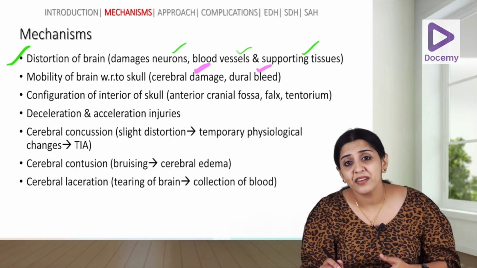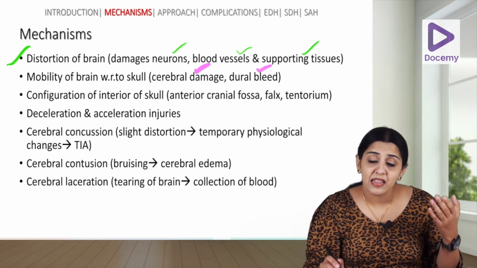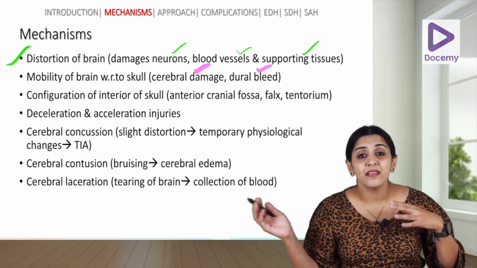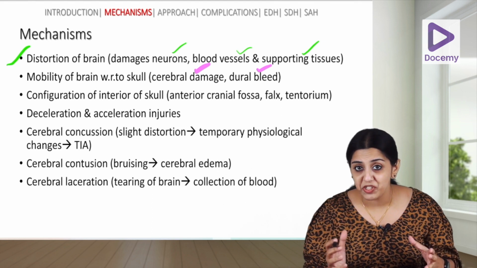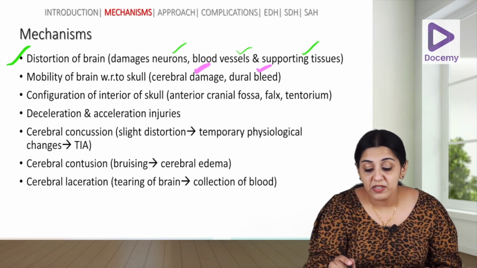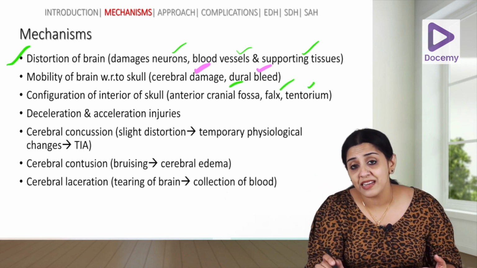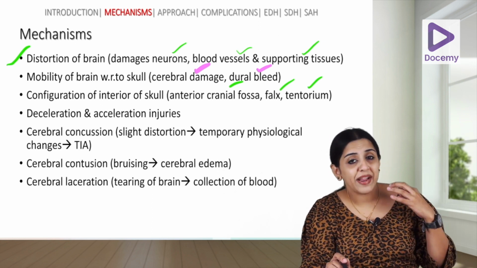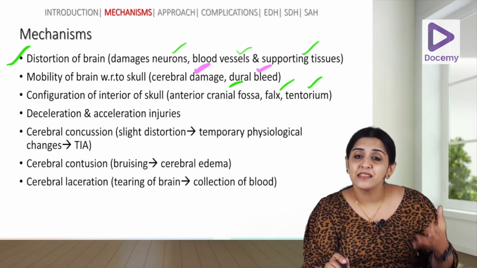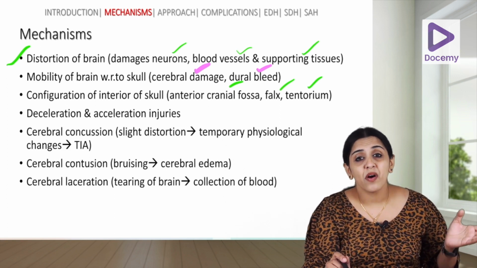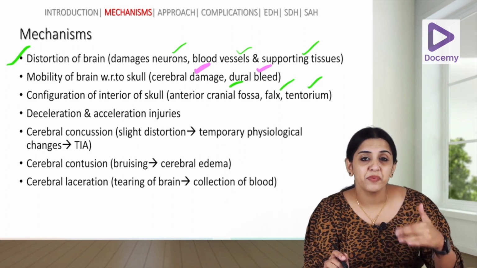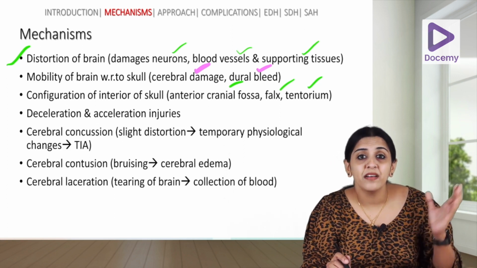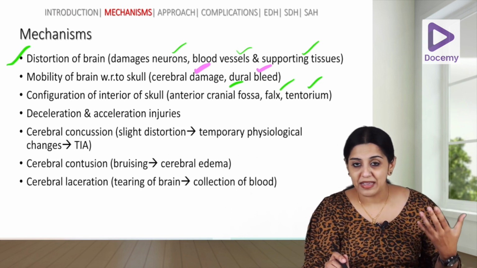Because of the irregularity of the ridges in the base of the skull, that itself can cause minor trauma when the head is subjected to a major force. The anterior cranial fossa, falx, tentorium, all these structures make the interior of the skull very rough, and that itself can injure the brain because the friction between the brain and these structures is not controlled or optimal when there is a force applied on the head.